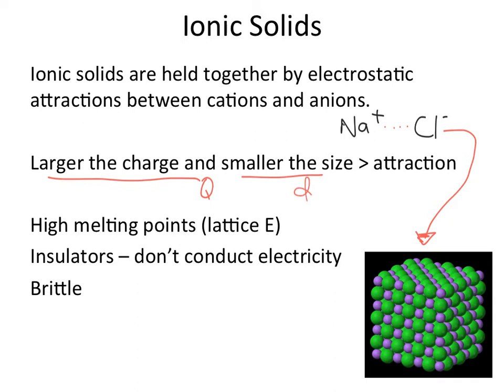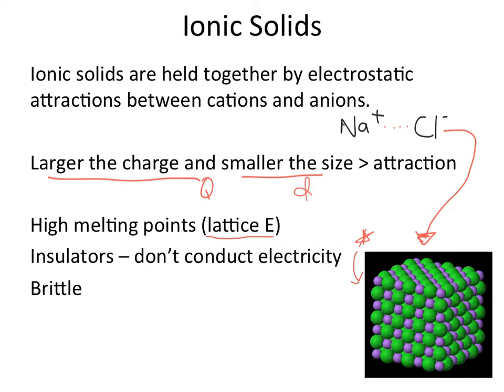Okay, so we know our ionic solids because they have this basically repeating setup and overall additive attractive force between the various sodium chloride ions. They have really high melting points, so lots of energy has to be put into the solid in order to break up the lattice energy, or in order to break up the lattice.